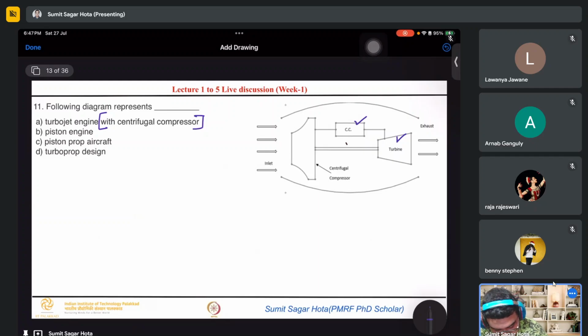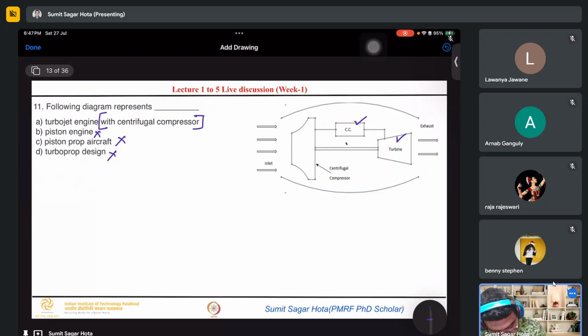Because if you can see here, turboprop cannot be the case, because there is no propeller attached. Piston prop, here there is no piston arrangement or piston engine. Piston engine we can think of in our two-wheeler or four-wheeler vehicle, it cannot be an aircraft propulsion system.